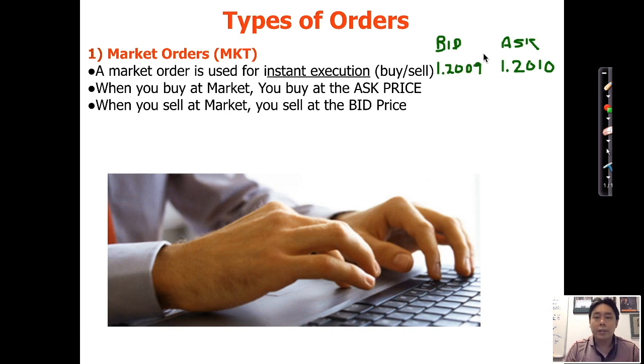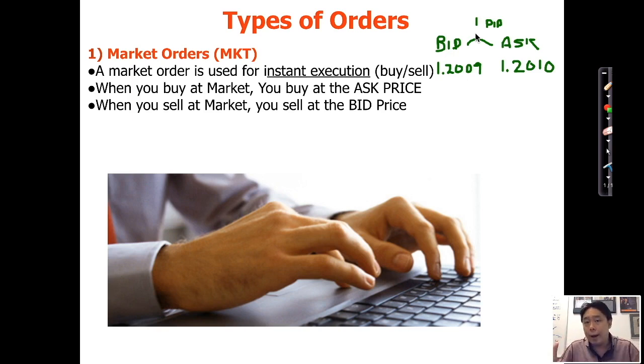Okay, so what is the difference between the bid and ask price? The difference is 1 pip. That is the difference. We call that the spread, okay, or the slippage.